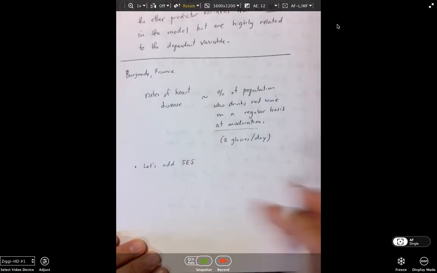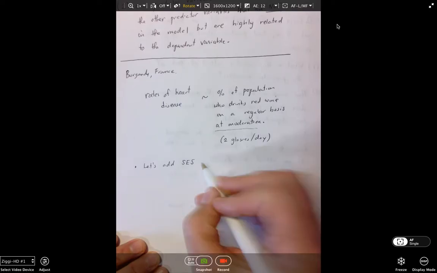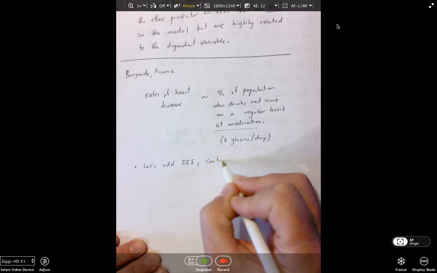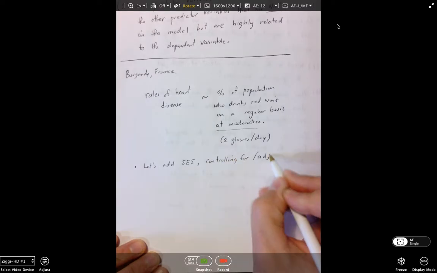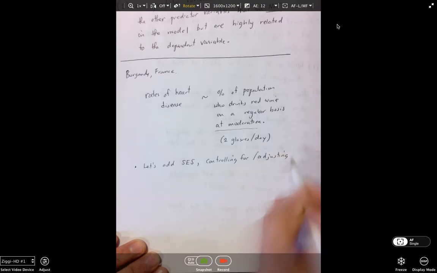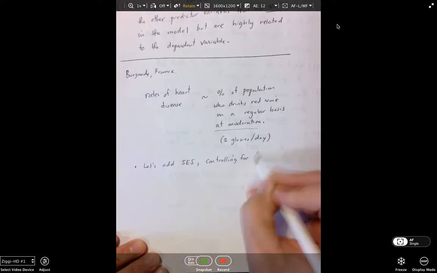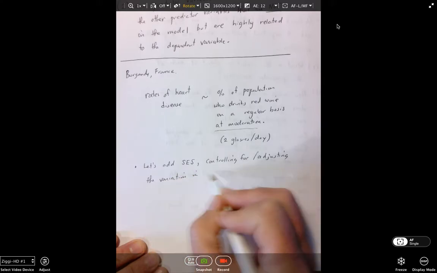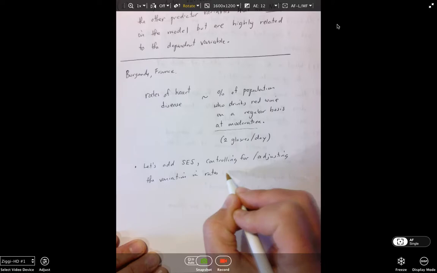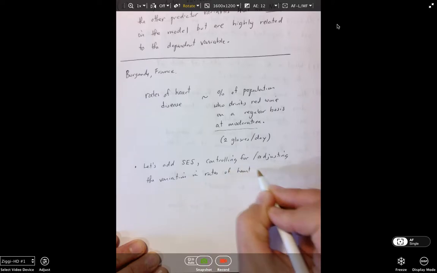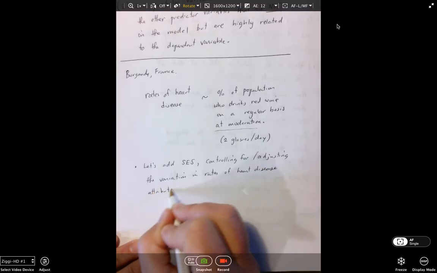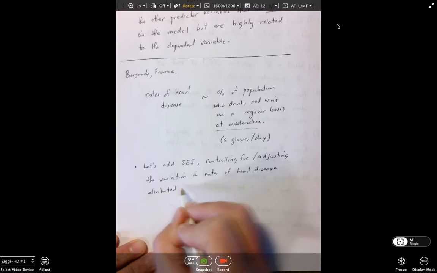By adding this into the model, I'm essentially controlling for or adjusting the variation in rates of heart disease attributed to socioeconomic status.